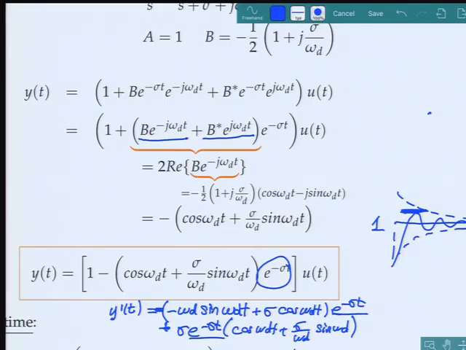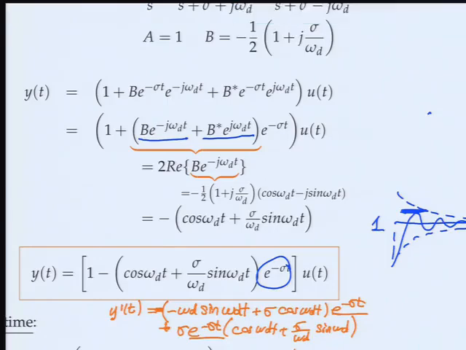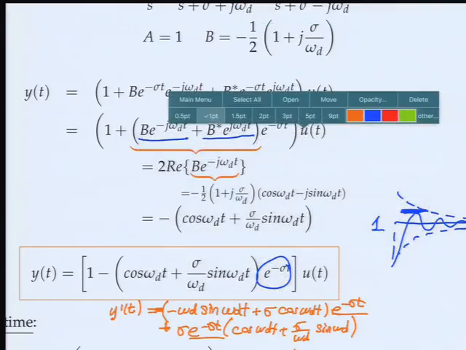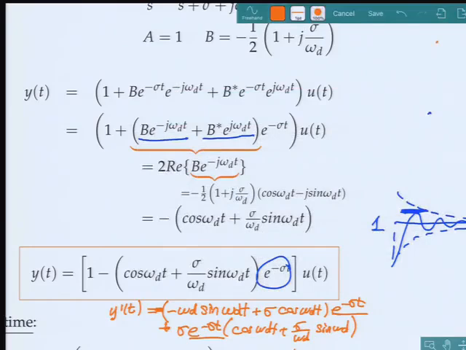Okay, so cosines are gone, right? So essentially what remains is sine omega d t times stuff, right? So stuff times sine omega d t.